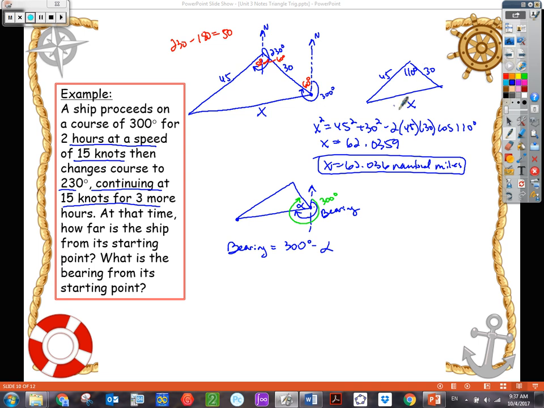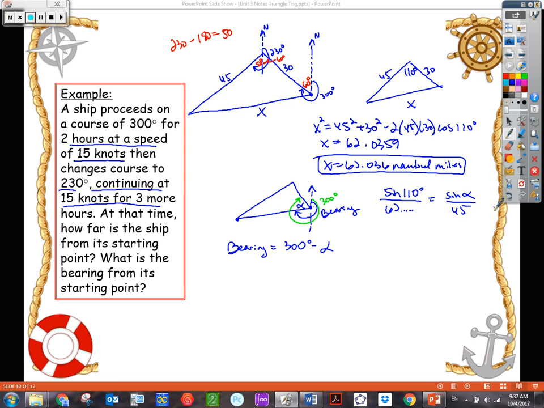So we go back to our triangle, and I think we can. We just need to find this angle measure. So I'm going to use law of sines. So we have sine of 110 over 62, and I keep all those numbers stored in my calculator, right? equals sine of alpha over 45.